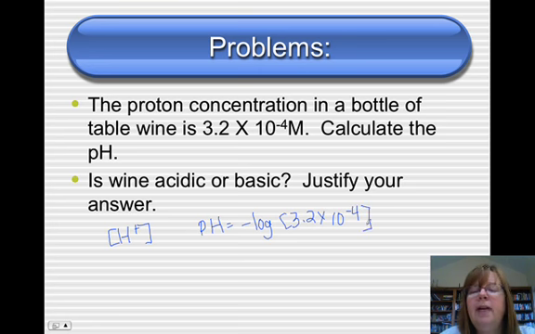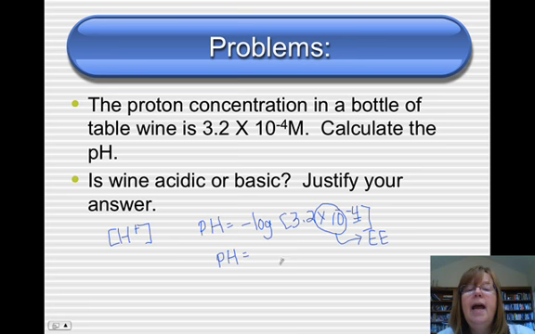Now, if you didn't have a calculator and you had to estimate the pH, this is log base 10, your pH is going to be between 3 and 4. But we have a calculator, and what we're going to do is hit negative log and then punch in your number. Remember, for this times 10, don't hit times 10, we're going to use the engineering exponent. And when you do this on your calculator, you're going to come up with a pH equal to about 3.9.